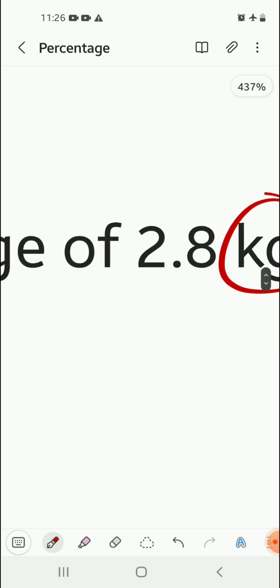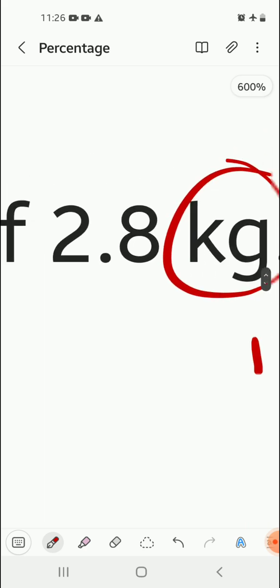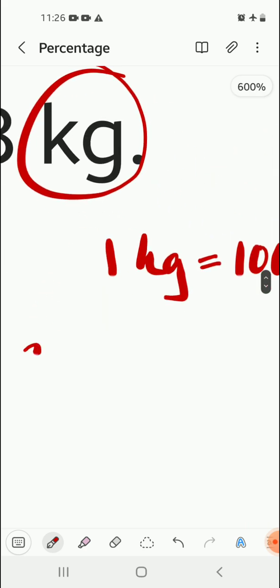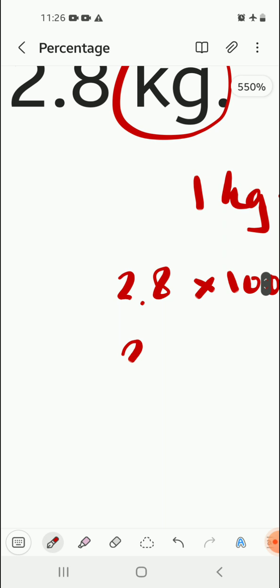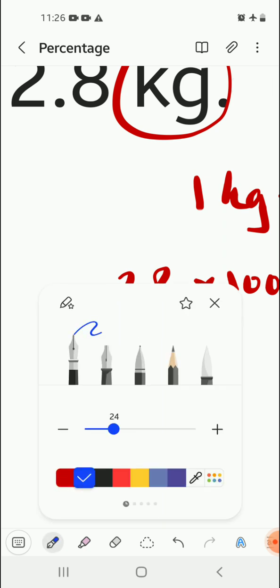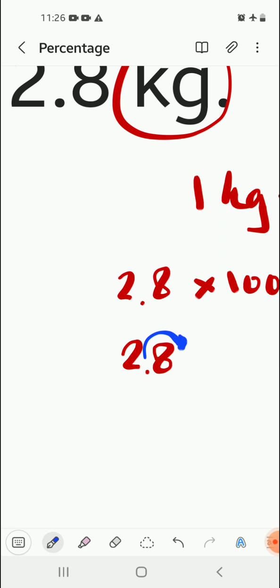Therefore, 2.8 kg would become 2.8 into 1000, which means the decimal point would shift 3 times to the right. So from 2.8, once, add a 0, again twice, add a 0.